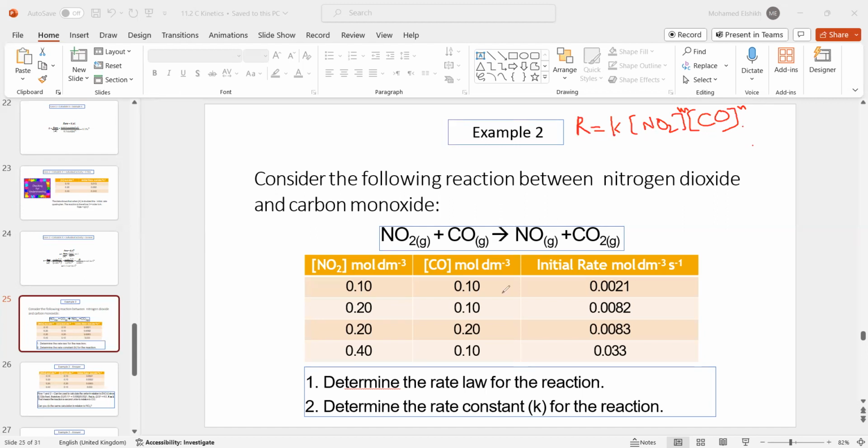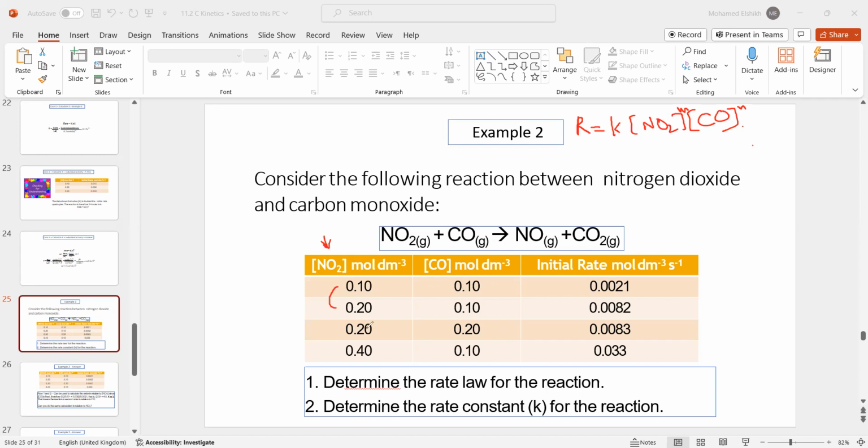To start with, I need to determine the value of m. Now to determine the value of m, and here we're talking about the NO2, the concentration has to be changeable. So the concentration must change between two rows, but the other reactant must be constant.